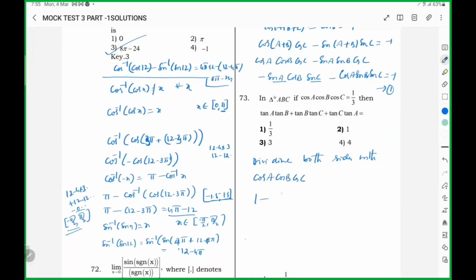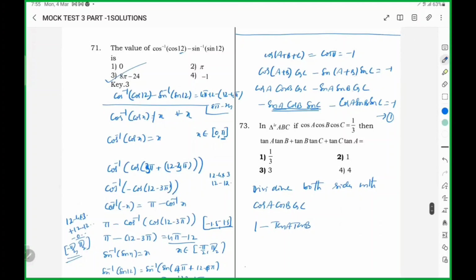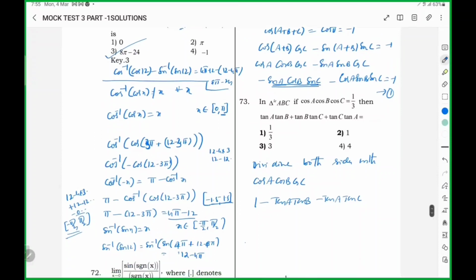Then you get 1, tan a tan b. This you divide with, it is sin a cos b sin c. So here it is tan a tan c. Here it is tan b tan c, which is equal to 1 by cos a cos b cos c.